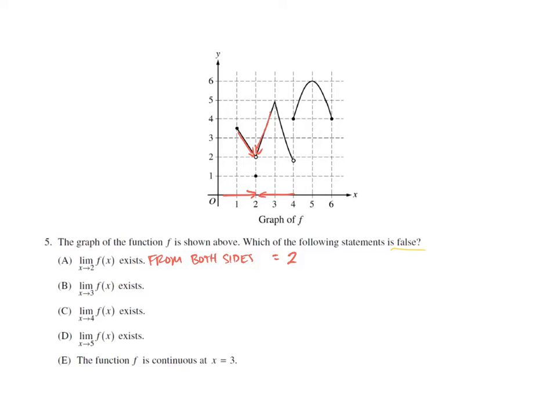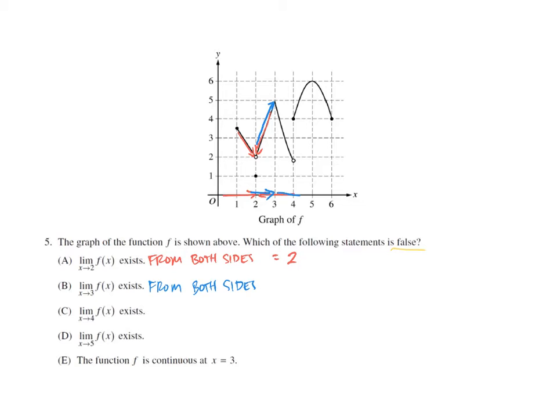The limit of f of x as x approaches 3 exists. Let's check that out. So now we're approaching 3, and this is again from both sides. So from the left side, following that function, it looks like it's approaching 5.